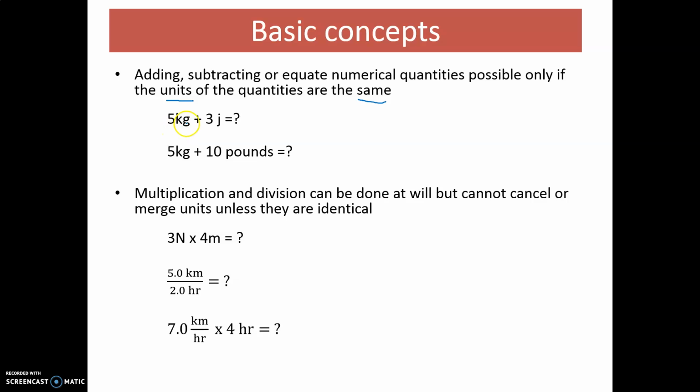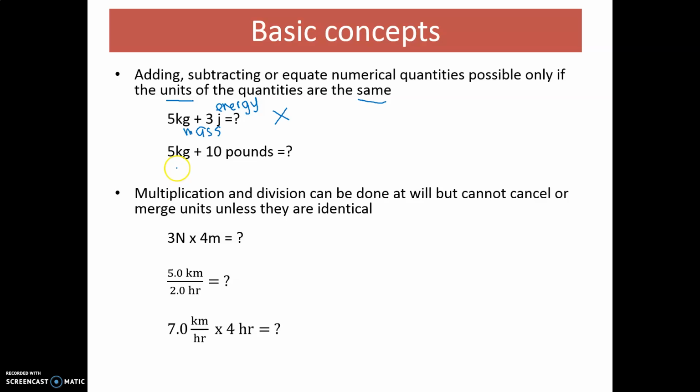For instance, 5 kg plus 3 joule. One is mass, and joule is the unit of energy. So can we solve this? The answer is no, we cannot solve this because the units are different. What about 5 kg plus 10 pounds? Can we solve this?